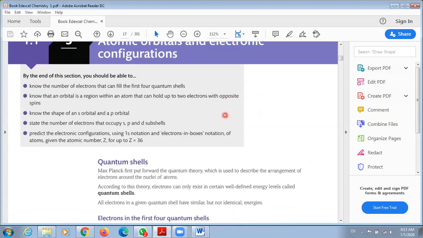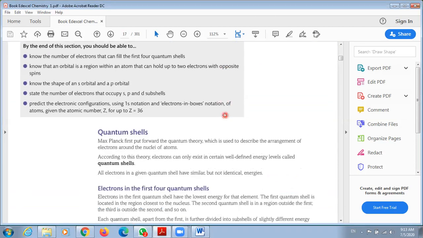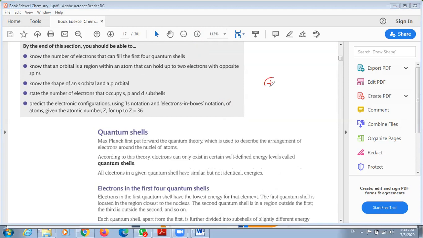Now, as we said before, in any atom we have the positive nucleus in the middle, and we have certain energy shells present around the nucleus, at which electrons are present.